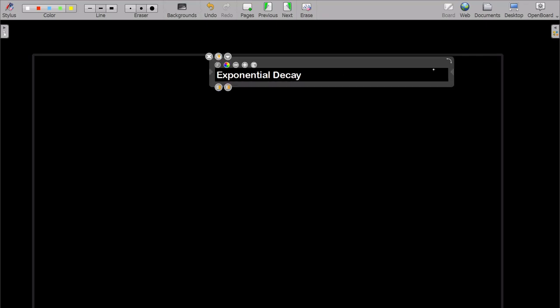For growth, we had the compound interest example. For decay, like bacteria. Okay, yes, there could be some bacteria that is just decreasing.